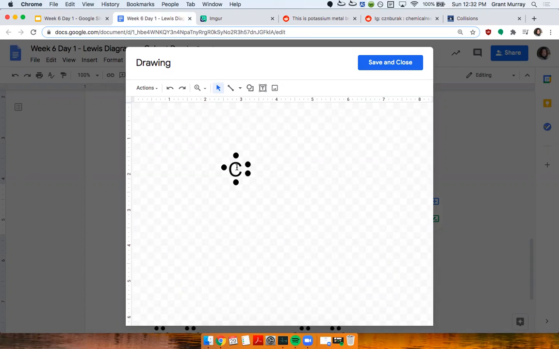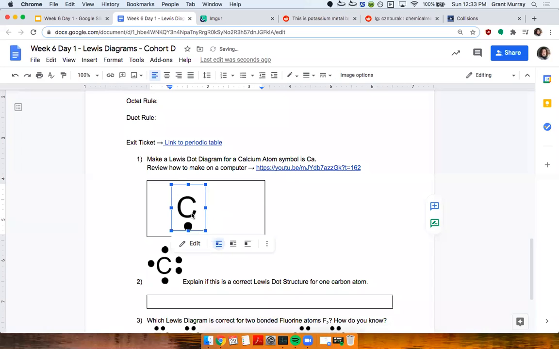You might say, I'm starting with C. How can I change this to make this correct for calcium? You can click these dots and delete them or add as many as you need. And once you save and close it, I'll show you me editing it. Here is me just deleting all the things. And I'll just say, I think calcium is a C with 1 dot. That's obviously not right. But just to show you, boom, it edited it there.